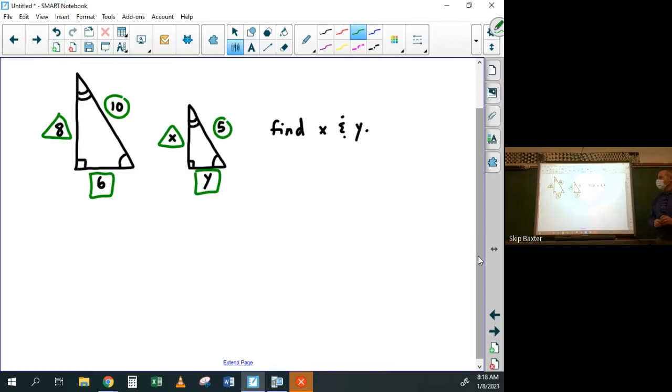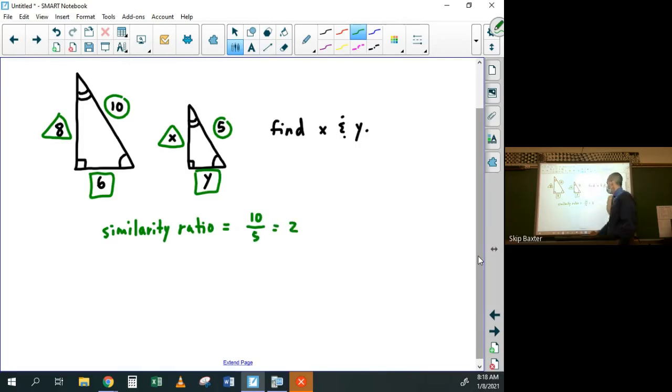Then to solve this problem, all you really have to do is figure out what the similarity ratio is. To find it, you figure out which sides you know both the numbers of, the 10 and the 5. So the similarity ratio would be 10 over 5, or 2.